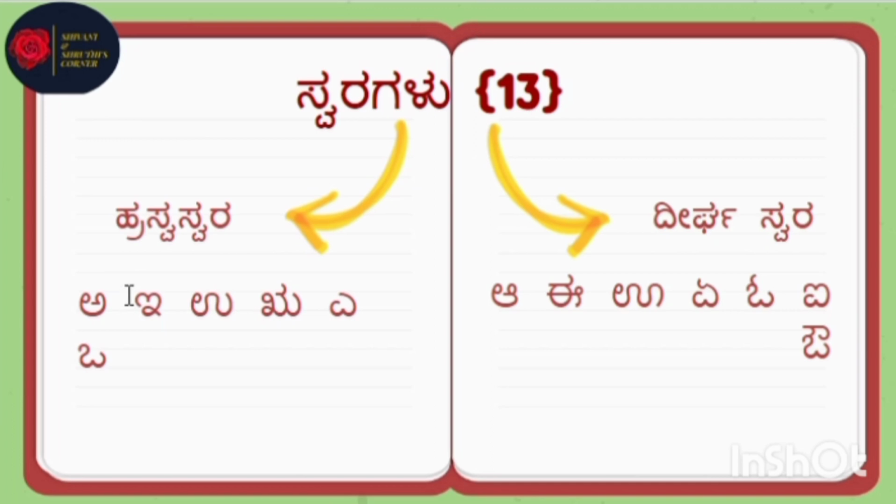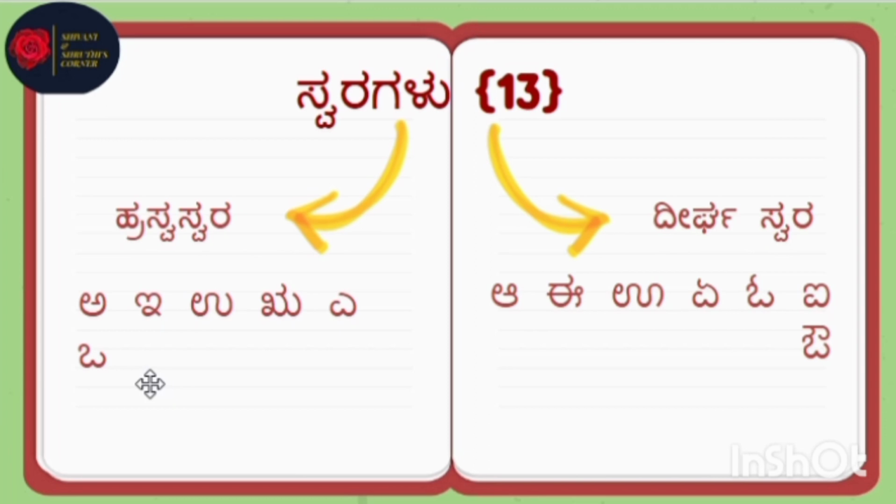Hrasva Swara. So while pronouncing these Swara, they take very less time. A, I, U, Ru, E, O. It takes very less time to pronounce these Swaras. So they are called Hrasva Swara. Hrasva means less. So they take less time. Dirgha Swara.